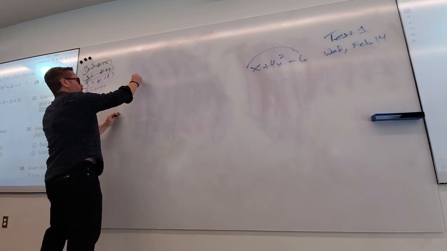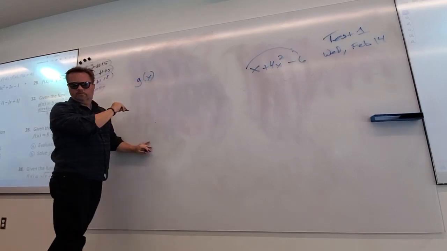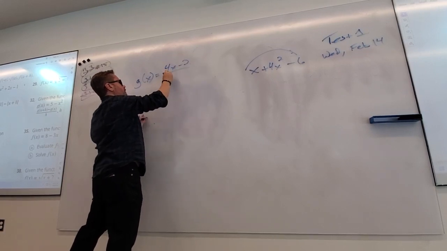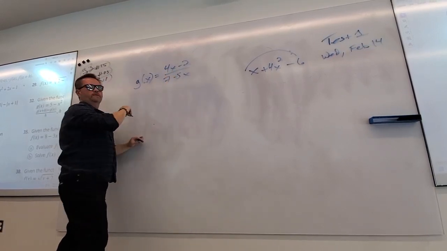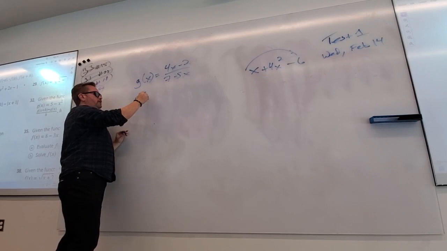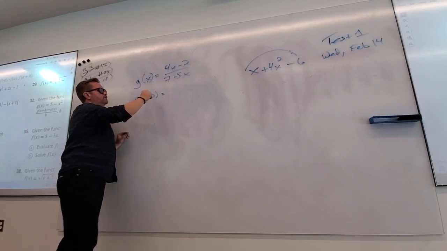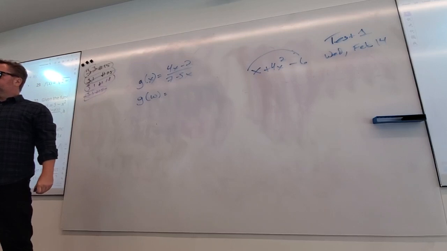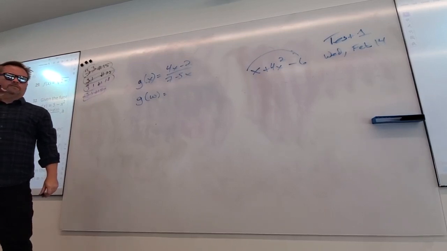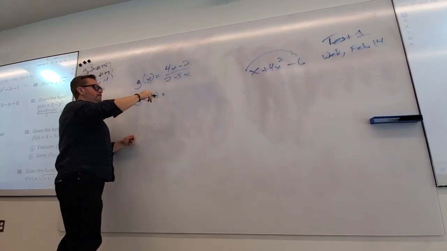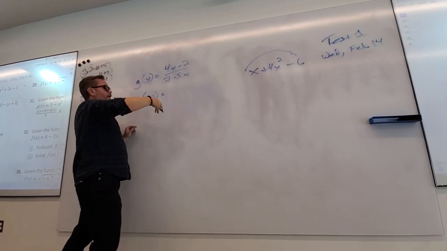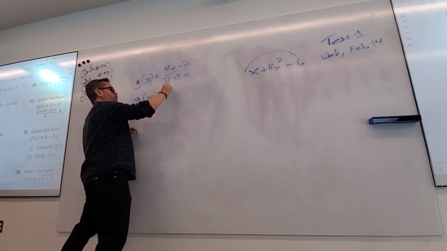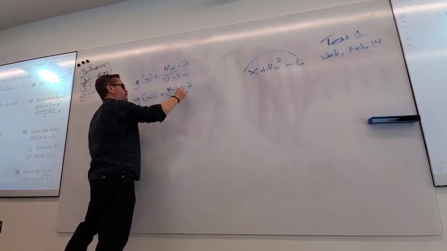Guys, if I give you this function, g of x is 4x minus 2 over 7 minus 5x. Can anyone tell me what g of w is? 4w minus 2. Yeah! So g of w is 4w minus 2 over 7 minus 5w.